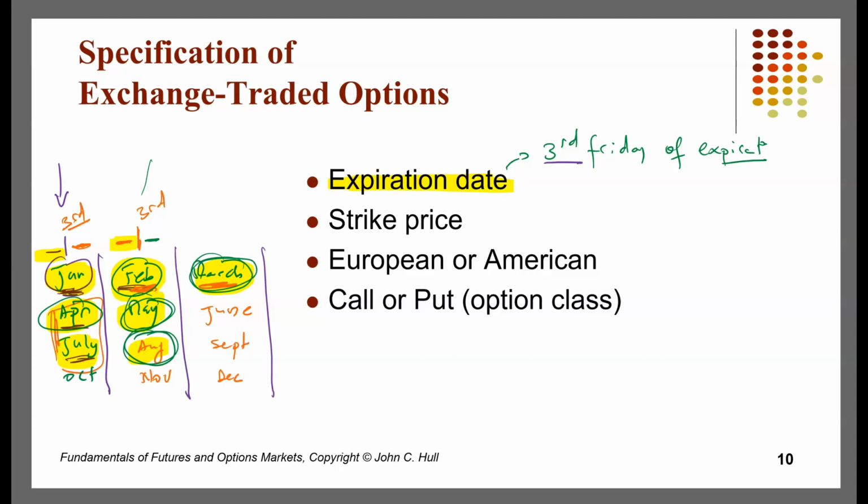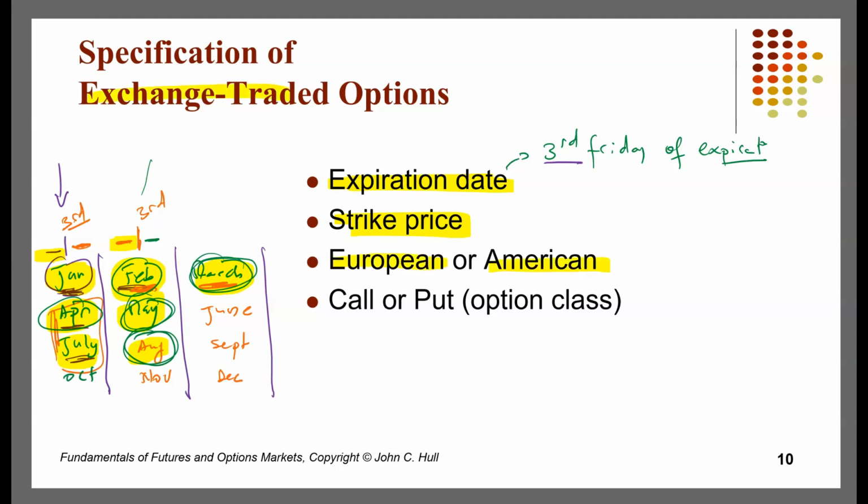Now the strike price here is set by the exchange. Remember, we are working with standardized contracts here, right? Strike price is set by the exchange. We also have the size of the contract that's set by the exchange. Stock equity contracts are usually 100 shares per contract, and the options could be American or European options.